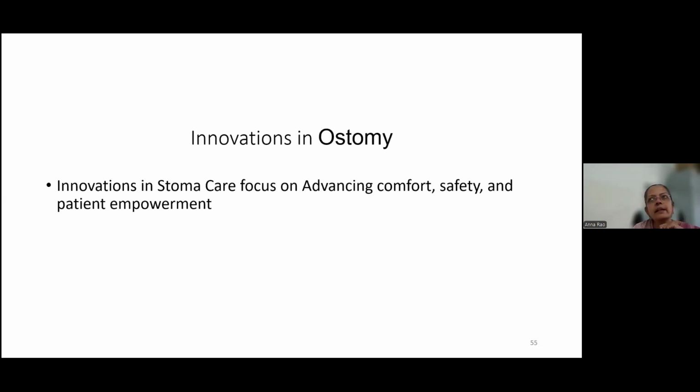Okay, there are many innovations also in ostomy. Basically, the companies try to give maximum comfort to the patient. But in the course of time, what happens is that only a particular stoma bag should be used.